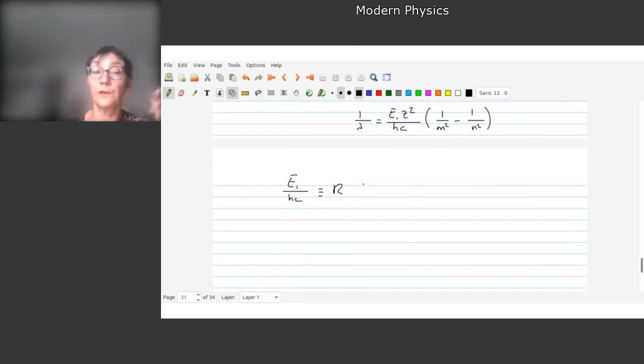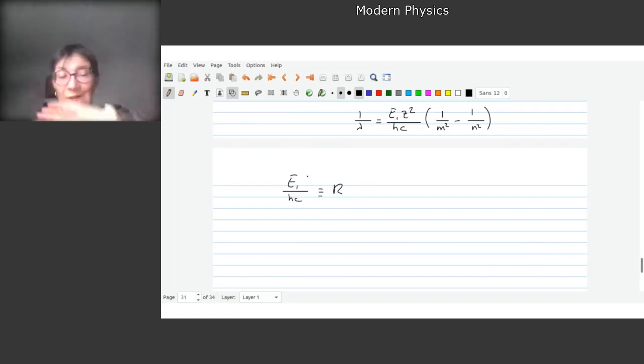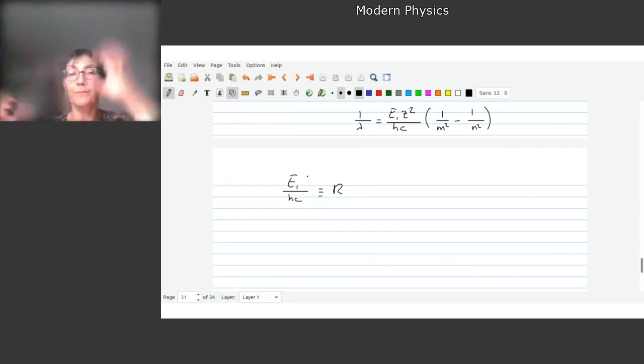Next time I will tell you the difference, because in this model we have a fixed nucleus. In the experiment, particularly the hydrogen atom, the nucleus is not exactly fixed, so we have a two-body problem, and we have to take into account also the movement of the nucleus. But so this is the Rydberg constant.